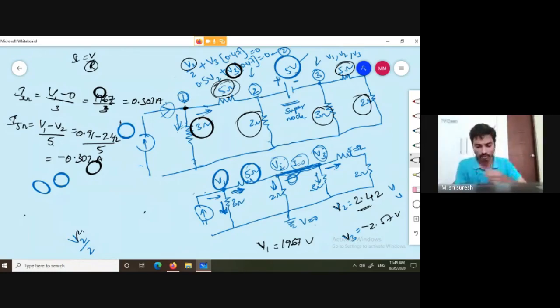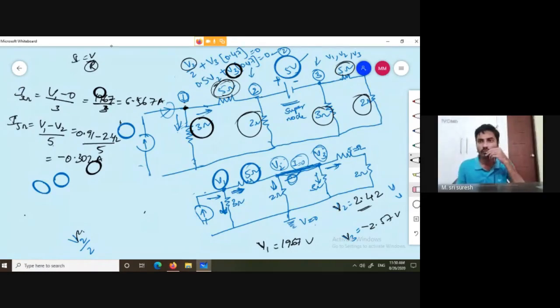Which is nothing but 19.6 divided by 3. So it is around 6.56 amperes.